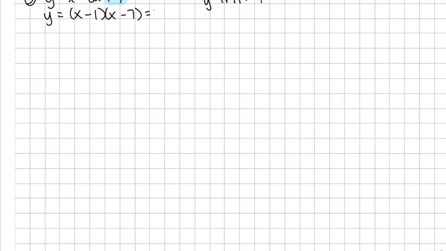So if we set this equal to 0, we can solve for our x-intercepts by saying, okay, well, what would make this factor 0, and what would make this factor 0? So if this was a 1, then that would make that 0, and if this was a 7. So notice I'm not putting parentheses around this because I'm not listing a point, I'm listing two x-intercepts.